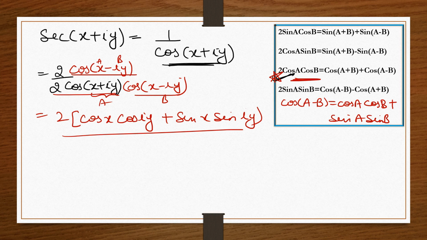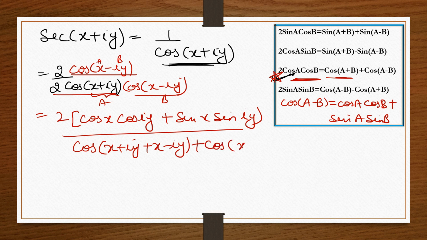And in the denominator, what will you get? 2 cos A cos B, so this will be cos(A plus B), that is cos(x plus iota y plus x minus iota y), plus cos(A minus B), that is x plus iota y minus x minus iota y. So this will be cancelled and here this will be cancelled.